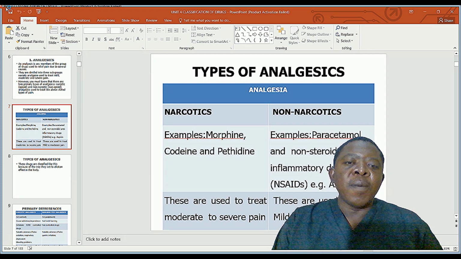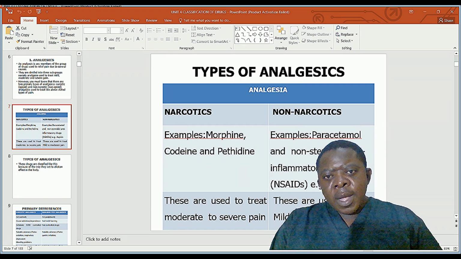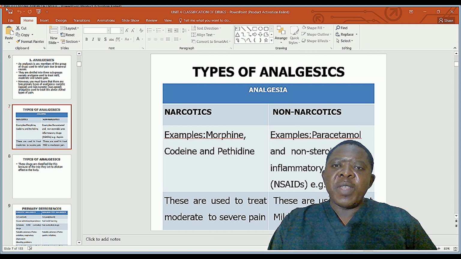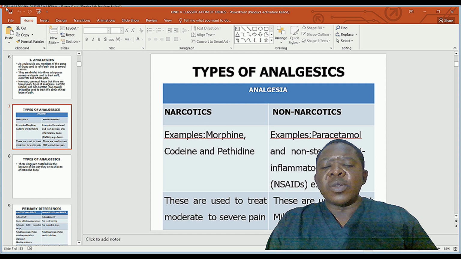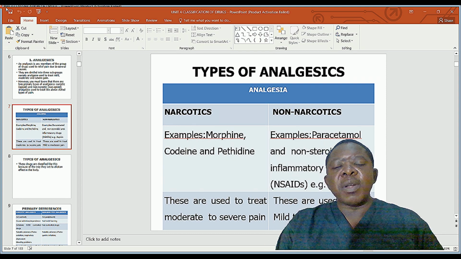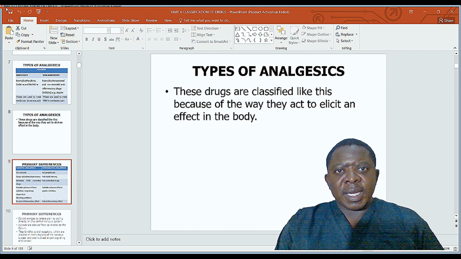Most non-narcotics have good anti-inflammatory properties, whilst narcotics may not have good anti-inflammatory properties.